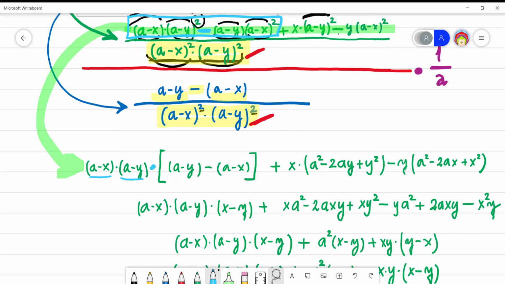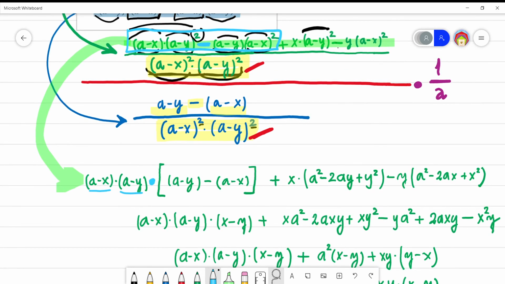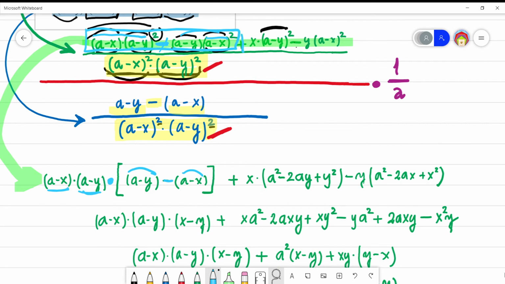Now, multiplying, and what stays in this first, if I take a minus x and a minus y, stays once a minus y. It's in here. Now becomes a minus, and in this part, when I take the common factors, it stays what? A minus x, which is this one. Okay, there you are. Now becomes a plus, which is this one.